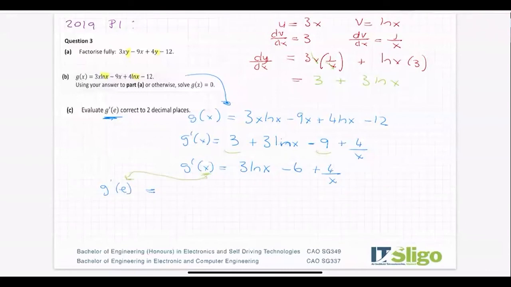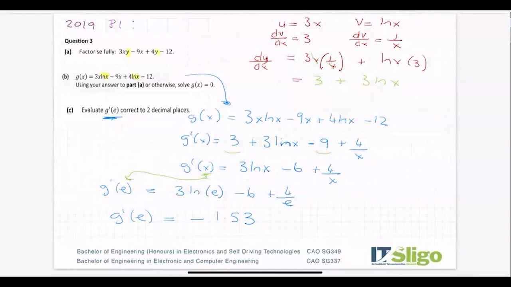Okay, so that's how we do it typically in functions, and it's the same principle here. Okay, put that all into the calculator because now they're just numbers, and you should get minus 1.53. Okay, correct to two decimal places.